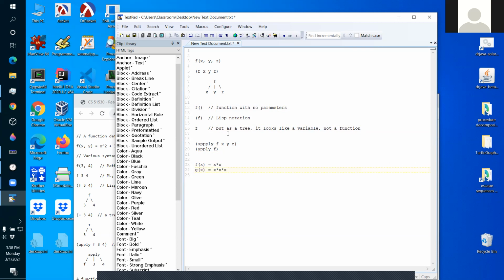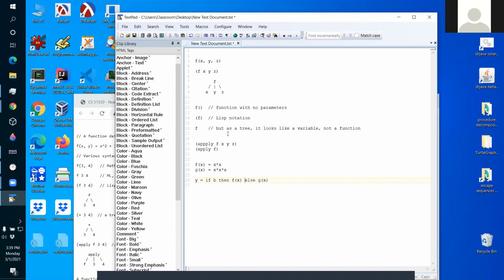Now I want to play a funny game. I want to write the following expression. Y equals if B, then f of x else g of x.